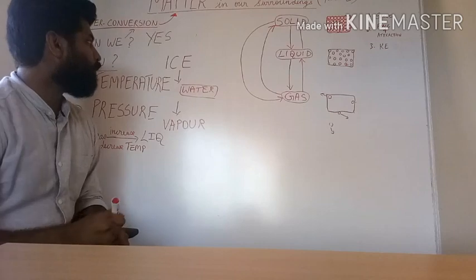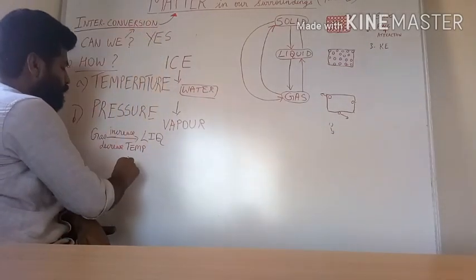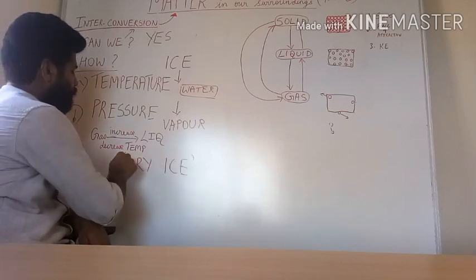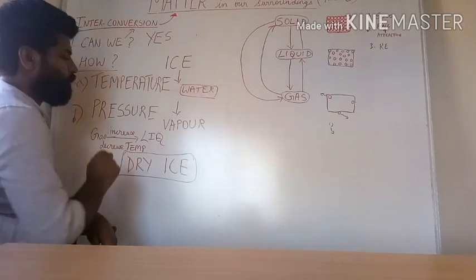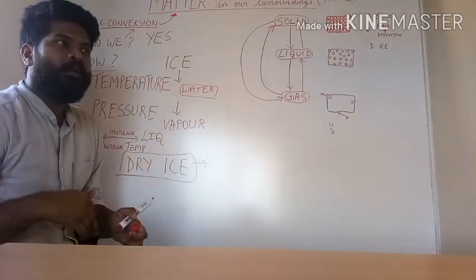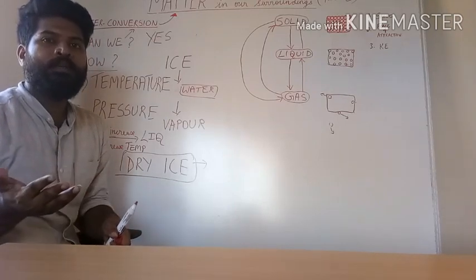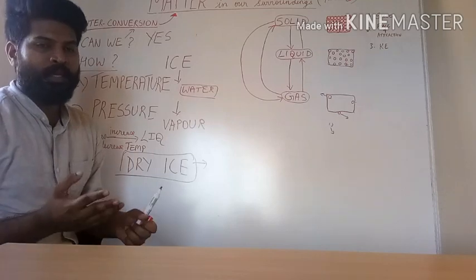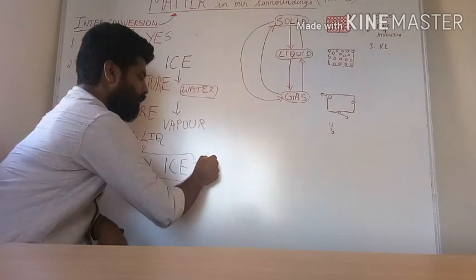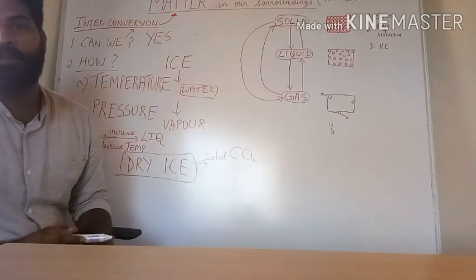One more example, what is called dry ice. Dry ice, we use it for transportation of medicine or certain perishable objects, because dry ice is very, very cold. What is dry ice? Dry ice is nothing but solid carbon dioxide.